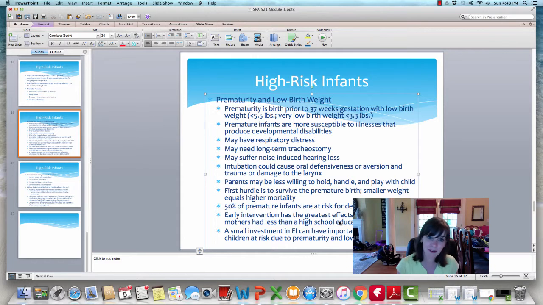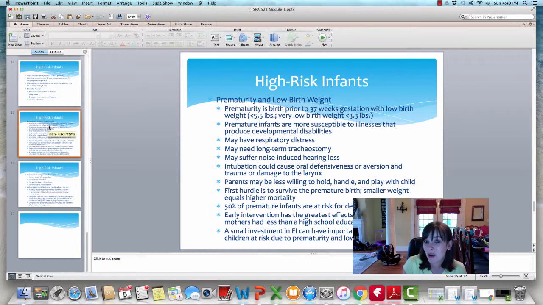If that's not shocking enough, hey, let's take a tube down your throat to save your life. You're not going to want things in your mouth. I mean, that's just the way that we work as humans. So that can be something that we need to work on with those infants, trying to lessen that oral defensiveness or aversion to nipples and for feeding purposes.